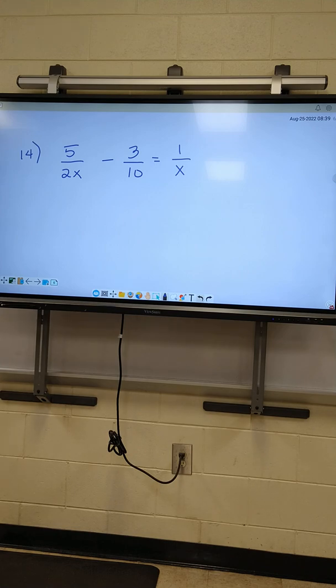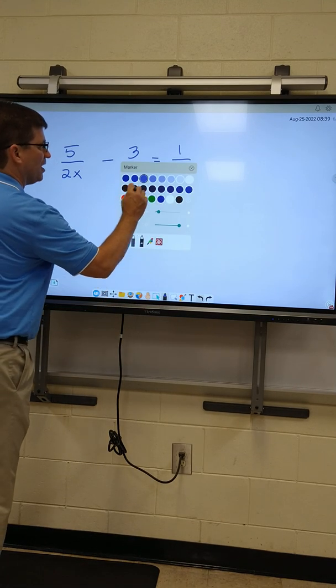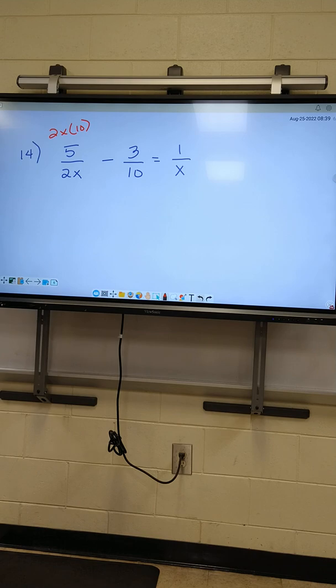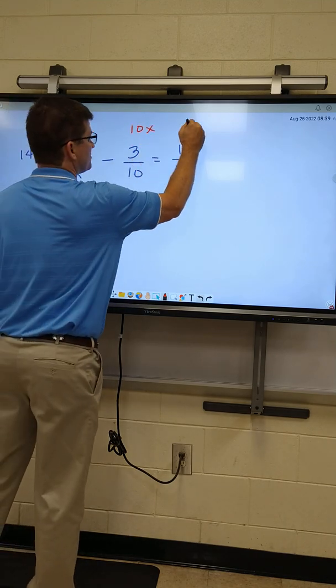All right, watch. Our common denominator, if you use one of everything on the bottom, you would put 2x 10. But don't forget, will 2 divide into 10? Yep, so I don't have to use it. So it's just 10x.